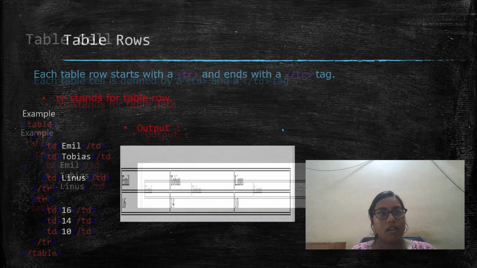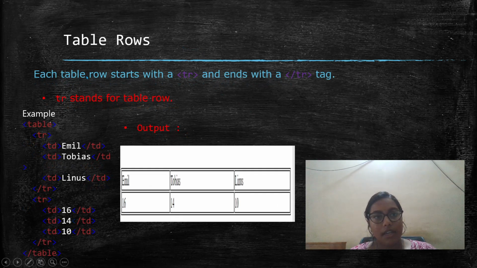We'll see table rows. Each table row starts with tr between tags and ends with tr, that is, with a backslash between these tags. TR stands for table rows. For example, we'll see table. We start with a table element to create an HTML table. In between the table rows, we insert this table data as the columns.